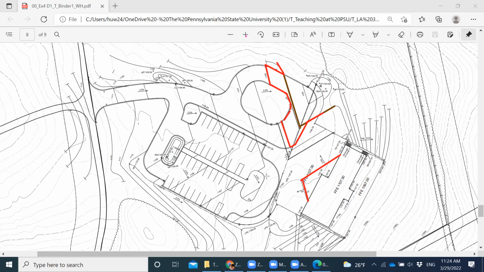Use a brown again. This remains. That portion remains. Oh, I should use a red. Now 07 comes out from here, so you would have this.